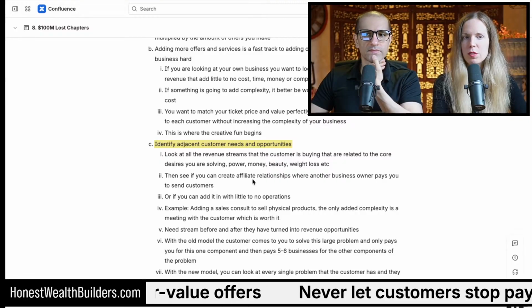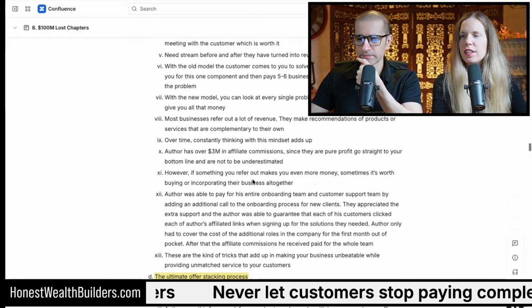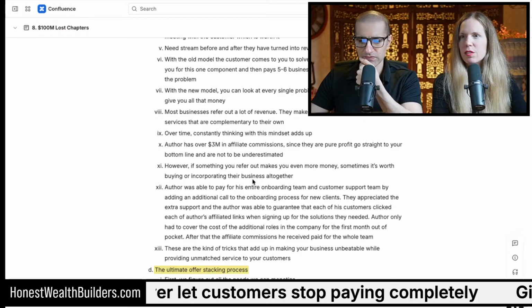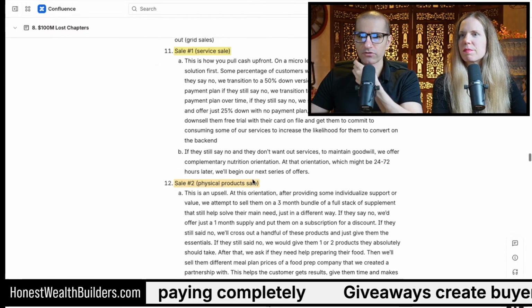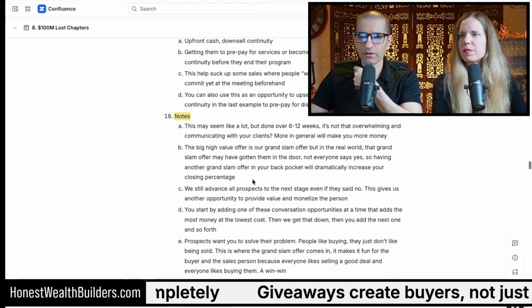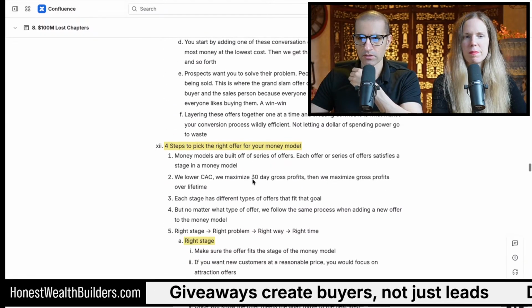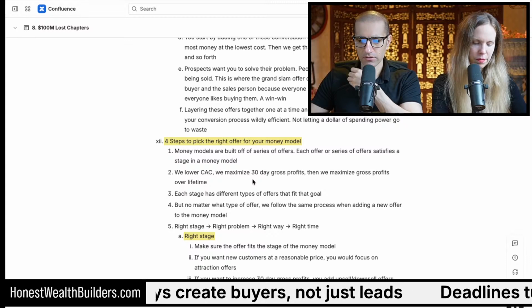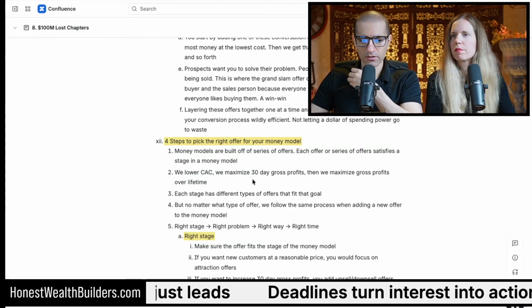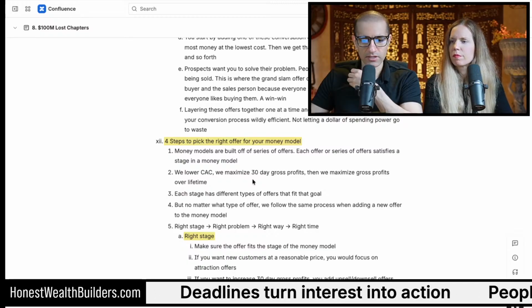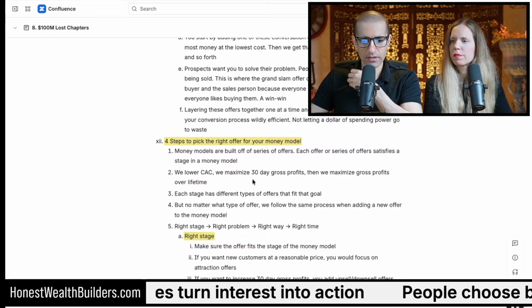Ideally, they should be related and logical in their sequence, all solving a problem. We covered different kinds of upsells, continuity, downsells, and attraction offers.